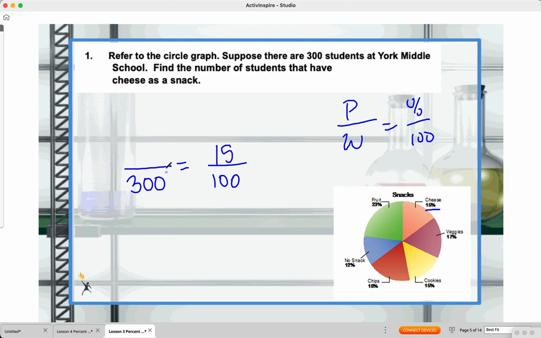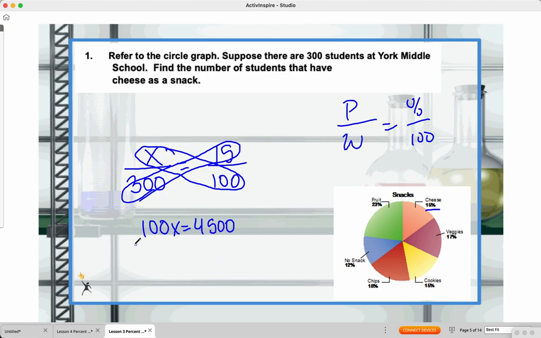So 15 over 100, and we don't know how many students that is. We're going to use our proportional knowledge from last unit and cross multiply to get our answer. 100x equals 4,500. When we divide by 100, it's the same as crossing out our zeros, and we know that x is equal to 45 students.